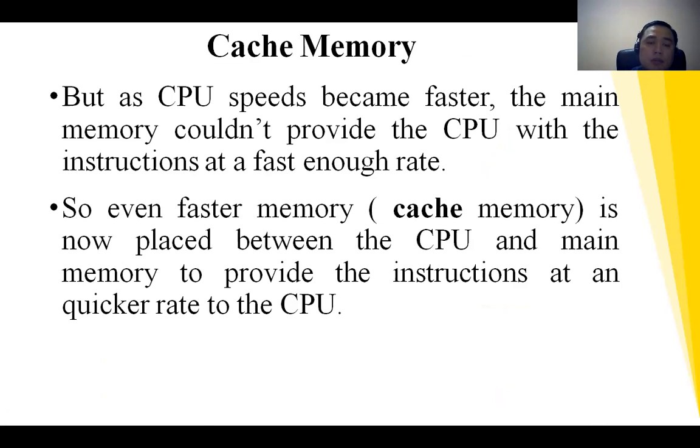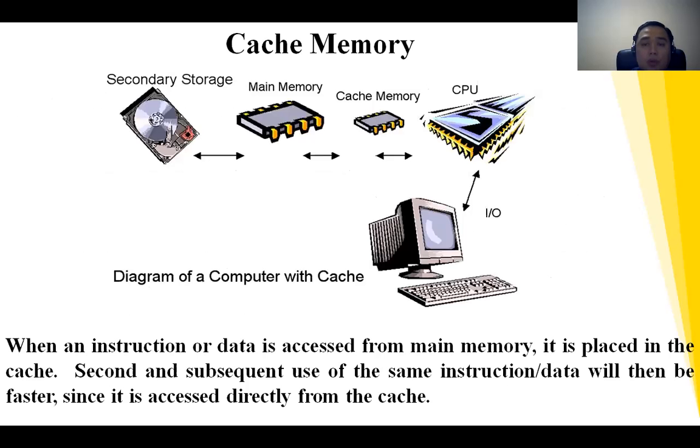So even faster memory, cache memory, is now placed between the CPU and main memory to provide the instructions at a quicker rate to the CPU. Diagram of a computer with cache: secondary storage, main memory, cache memory, CPU, I/O.